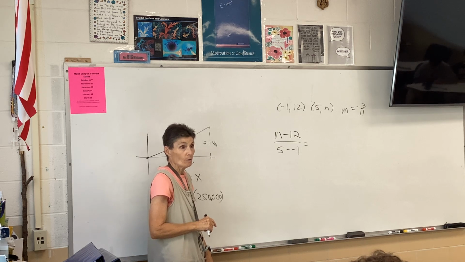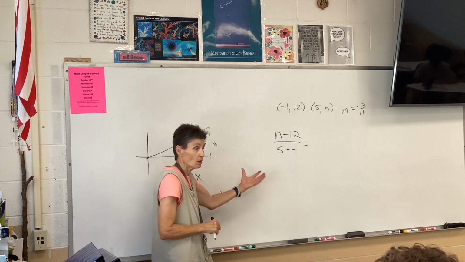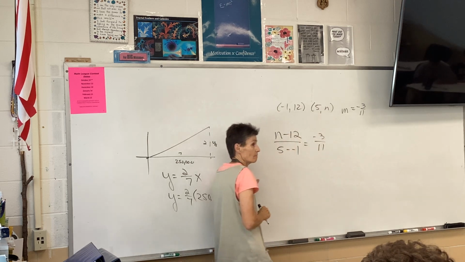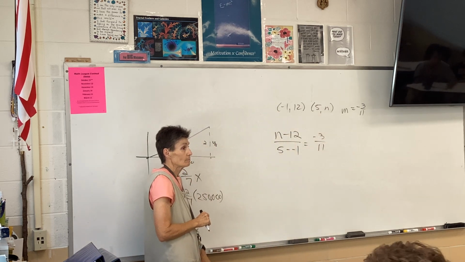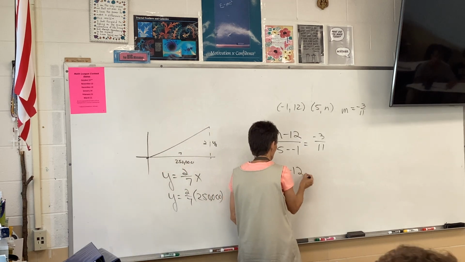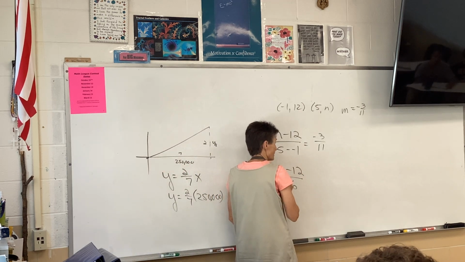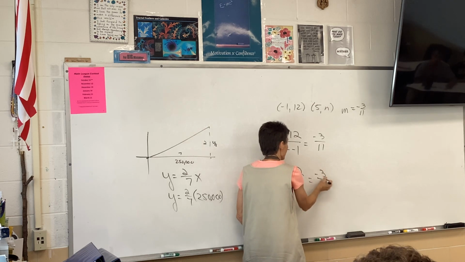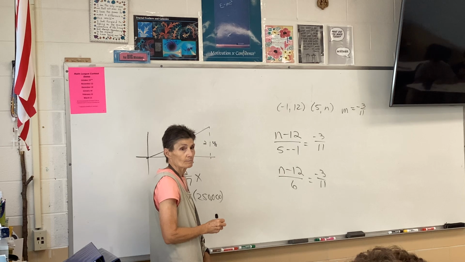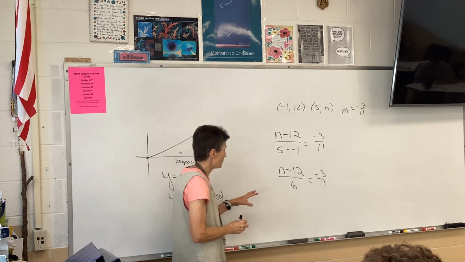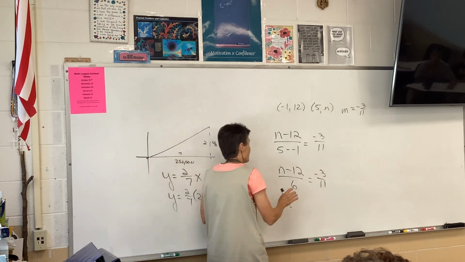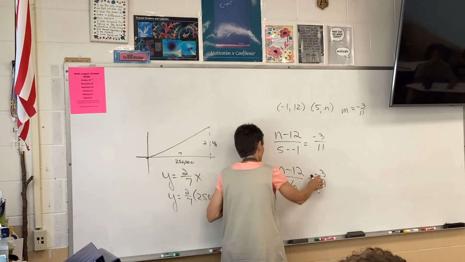And I know in the problem that the slope is supposed to equal -3/11. So n minus 12 over 6 equals -3/11. And some of you want to do weird stuff, and it's all good, but just cross multiply for Pete's sake.